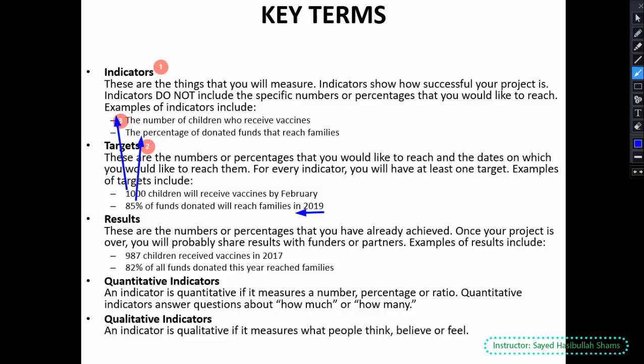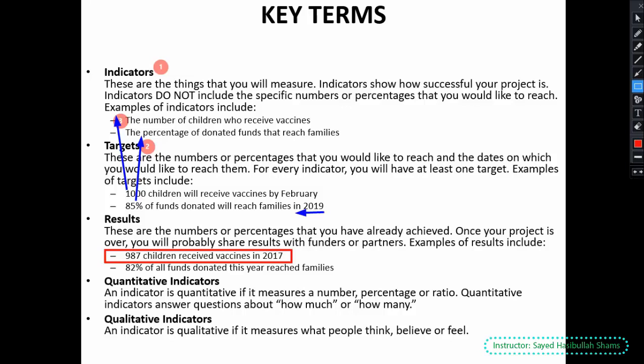A result may differ from our set targets. For example, 987 children received vaccines in February 2017, while we had a target of 1,000, but actually we reached 987.